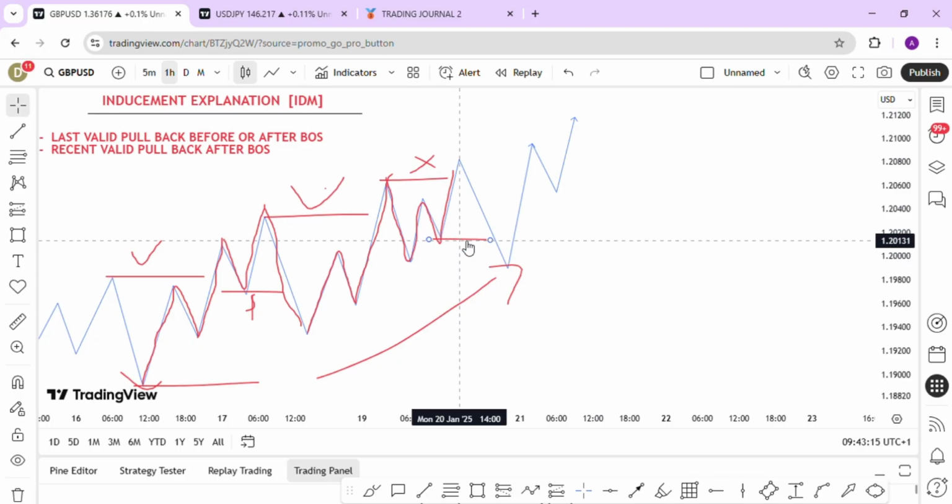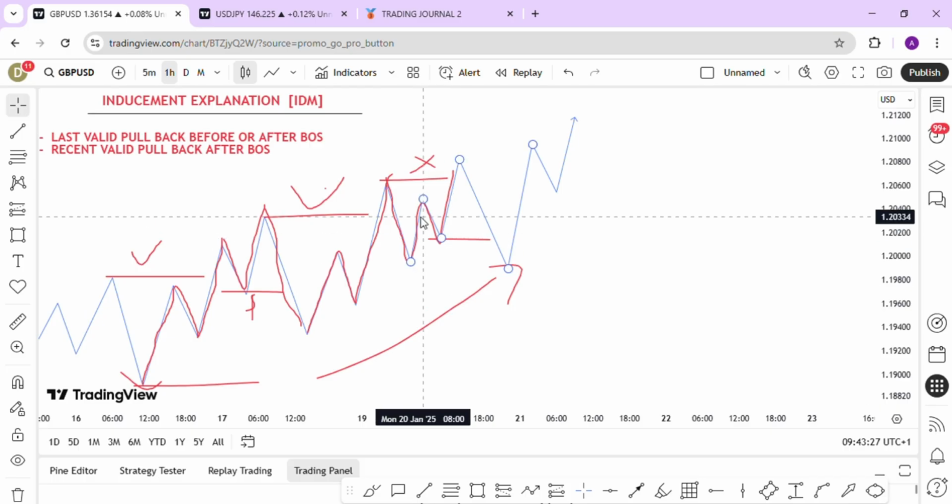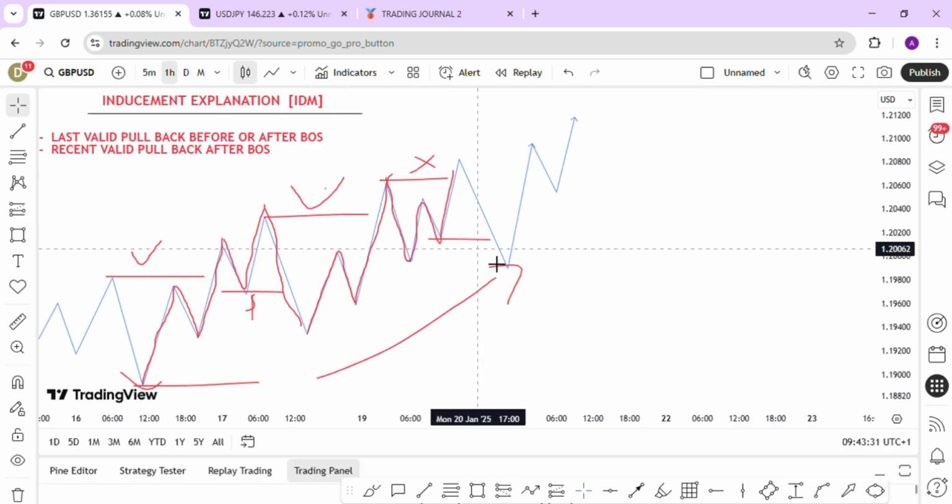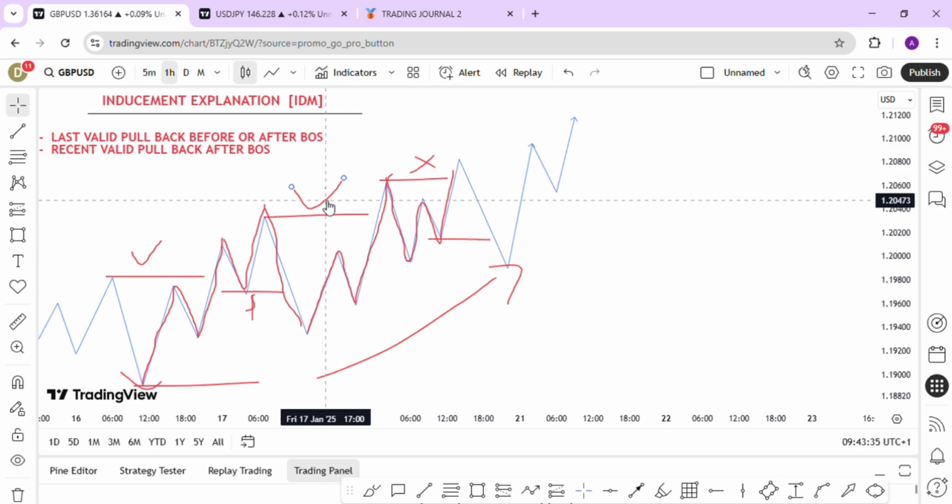All you need is inducement. So you don't need to worry about that. When you get to that level, you will understand how to use both of the pullbacks effectively. But look at this last pullback, the recent pullback after the market did what? Break the structure here.